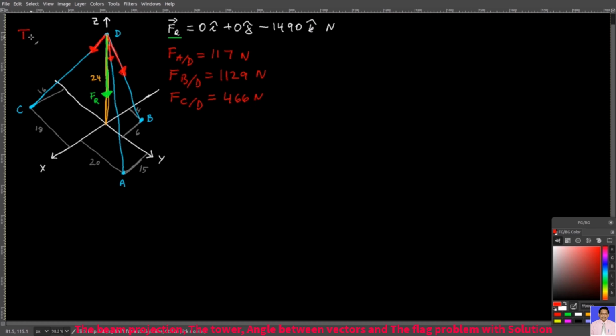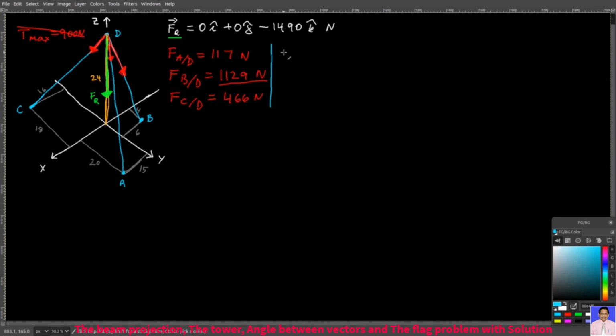And then we also had a requirement that the maximum tensile force in those cables was 900 newtons, and because of that, this cable from D to B would obviously break. But for now, let's forget about this one. Let's assume that our cables are able to cope with these tensile forces.